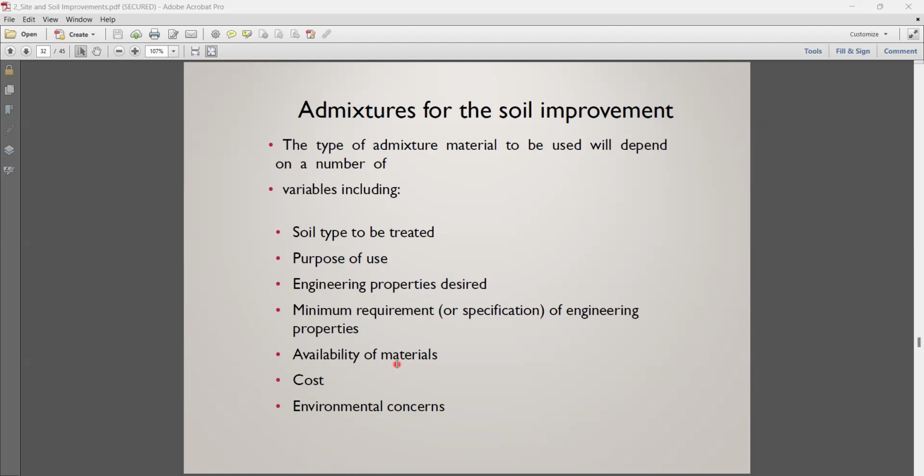Then availability of material: if you would like to get some chemical, is it available around you at a reasonable price? And then environmental concerns. You can add anything, but after adding it, does it release chemicals to the groundwater? If so, you cannot drink that water. So you have to look carefully at the environmental concerns as well.